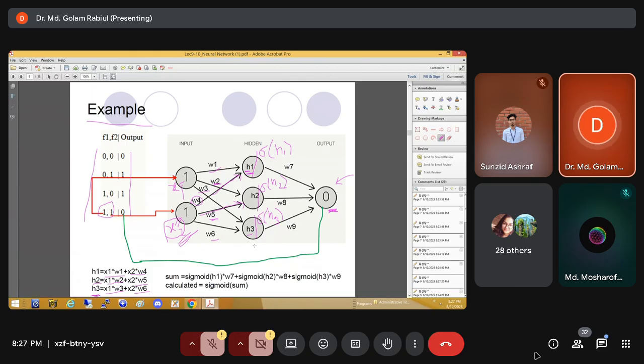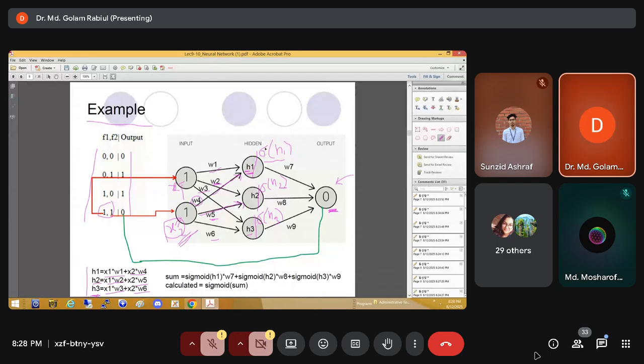summations. Then we have to pass these values to an activation function for non-linearity, because these equations are linear, but the world is not linear. Sometimes in our data set we need to apply some non-linearity for classification or regression purposes. That's why we need to convert these linear values to a non-linear equivalent using an activation function. There are several activation functions like sigmoid, tanh, softmax, and ReLU.